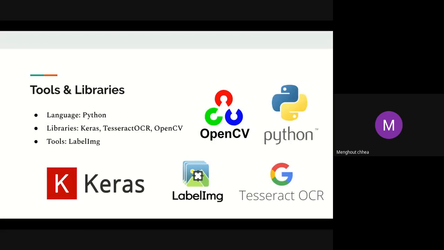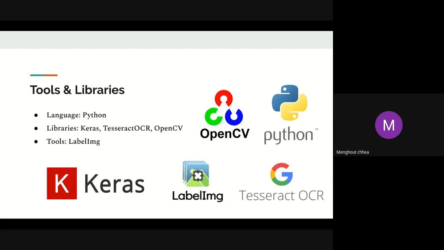So these are the tools and libraries that we use. First off, we use Python, which is a high-level language. We use this language because we are very familiar with it. For libraries, we use Keras, which is a deep learning library that allows us to build a complex model in a very short time.